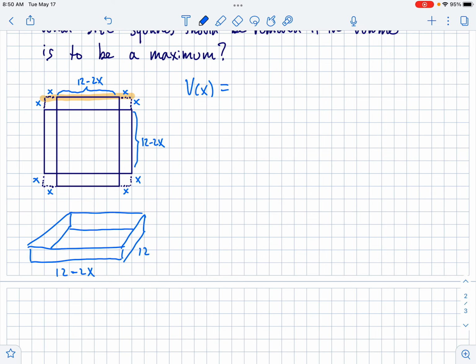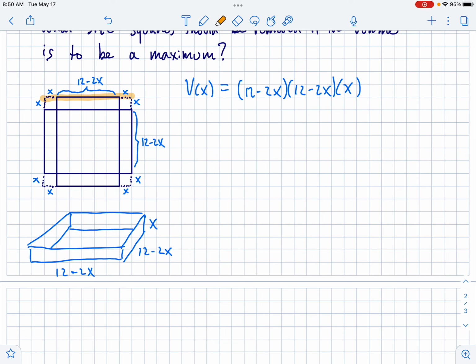This side is 12 minus 2x, this side is 12 minus 2x, and the height of it will just be the size of those squares, which is x. So to find the volume, it's the area of the base, which is 12 minus 2x times 12 minus 2x, and then times x.